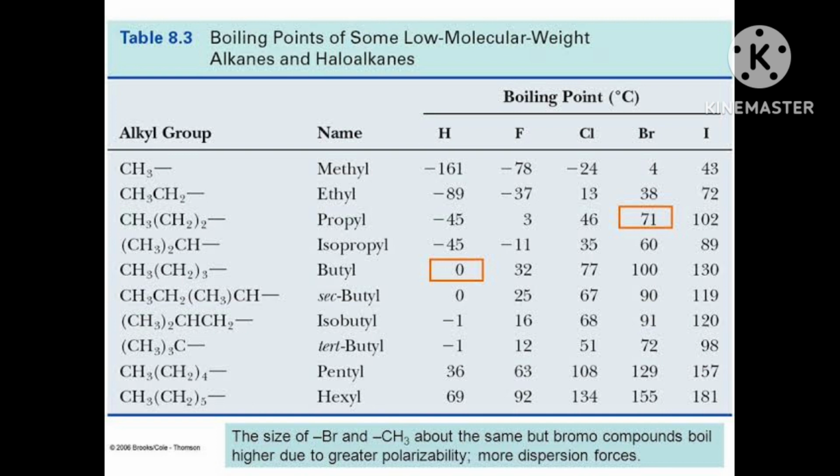This reaction has been found to proceed by two different mechanisms. First I will tell you substitution nucleophilic bimolecular reaction. Bimolecular, 2 means bi, and the other will be substitution nucleophilic unimolecular.